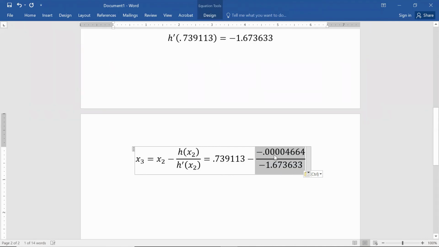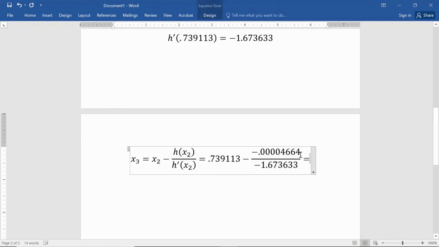And if you think about what this fraction is, this is going to be an extremely small fraction. So when you do this calculation, you're not going to expect that number to change by very much from the second to third iteration. Let's go ahead and do the calculation though.